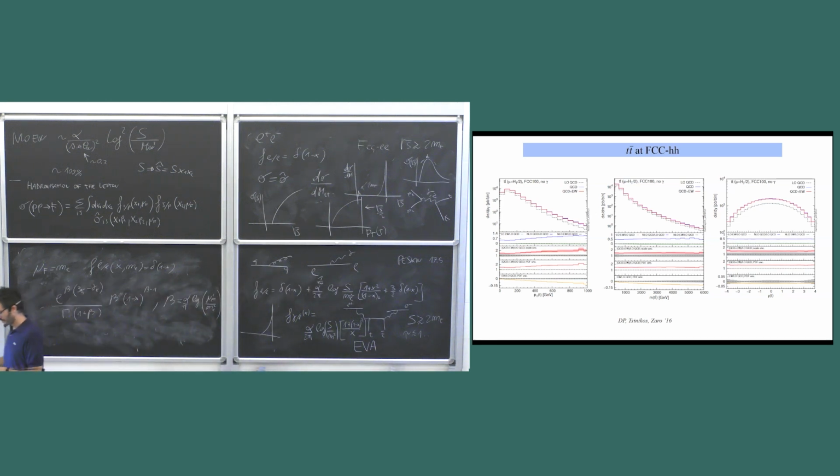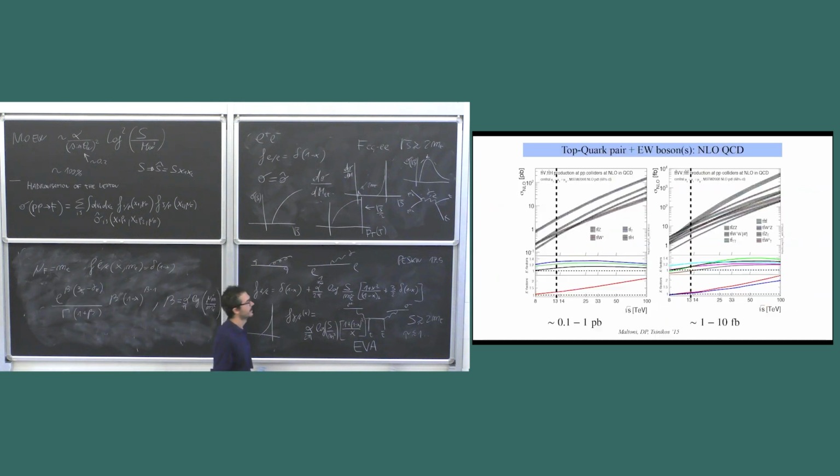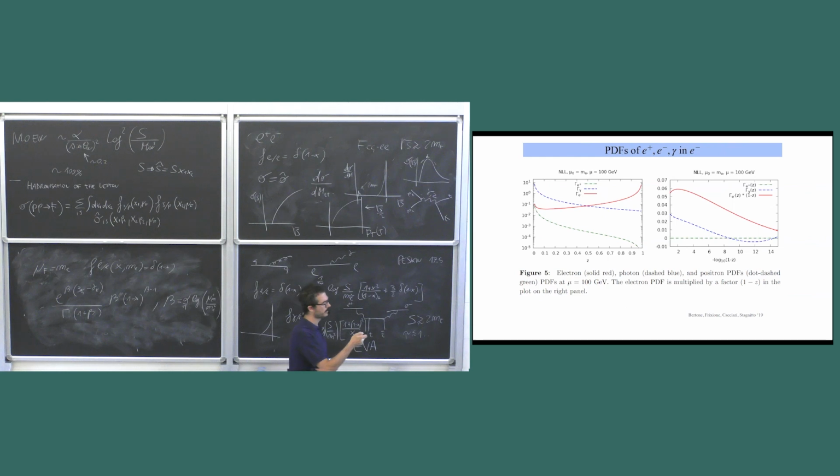So you cannot just take one single emission, okay? This is super important for precision physics at the plus-minus machine. You cannot do this only in the leading log approximation. You have to go to next-to-leading log, and what you get is a PDF like this one, okay?